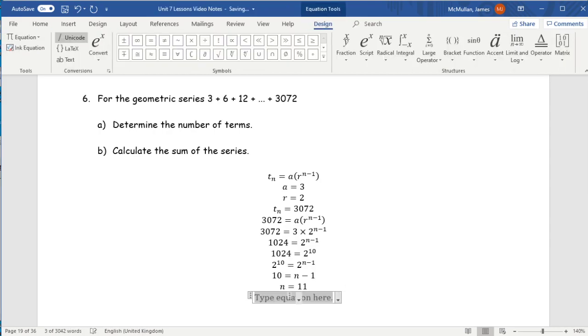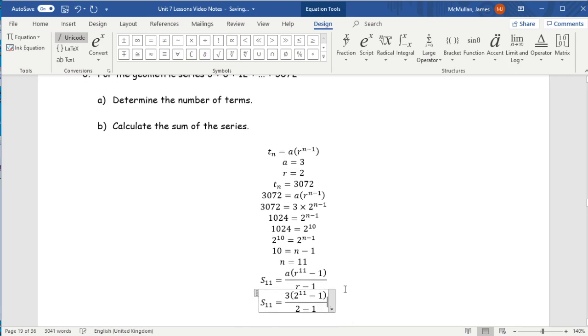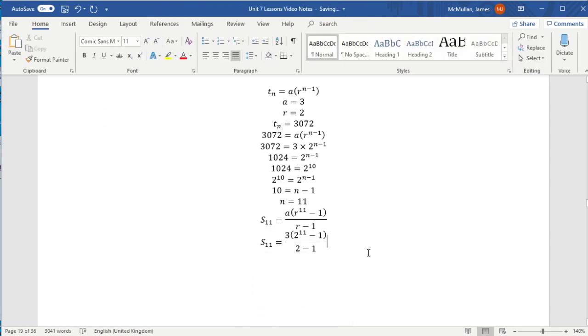To calculate the sum, S11 would be a times r to the power of 11 minus 1, divided by r minus 1. So the sum of the first 11 terms would be equal to a, which is 3, times (2 to the power of 11 minus 1), divided by 2 minus 1. Of course, dividing by 2 minus 1 is just 1 itself.